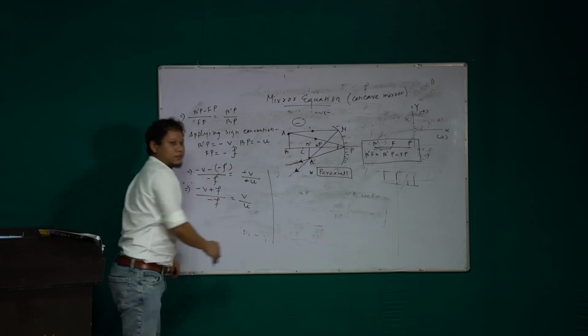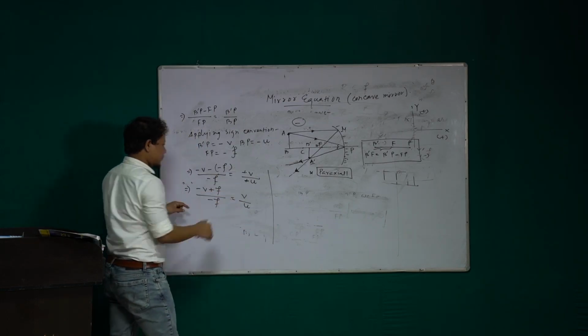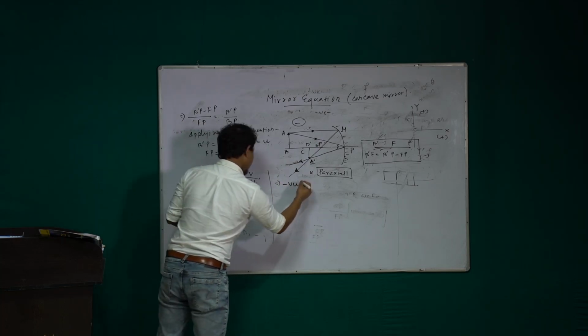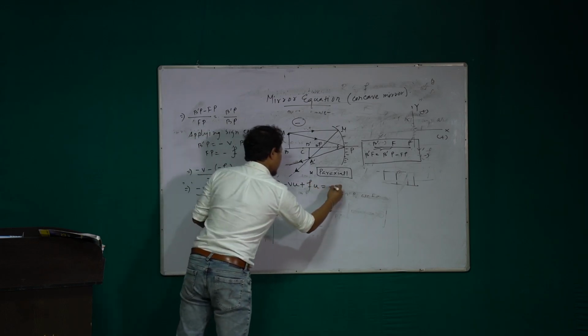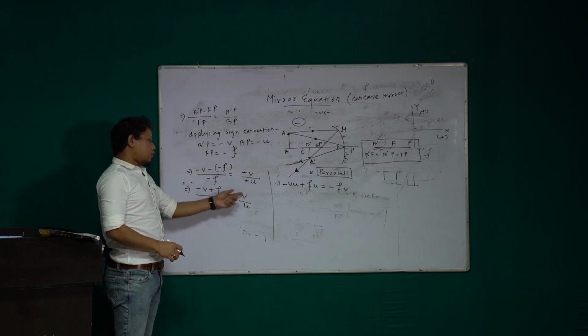The next step is simple algebra. So we'll do cross multiplication. So minus VU plus FU equal to minus FV. It's clear? So we are doing cross multiplication.